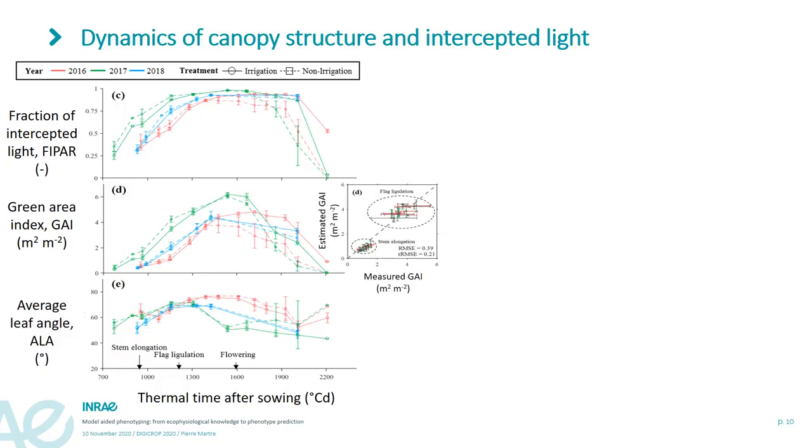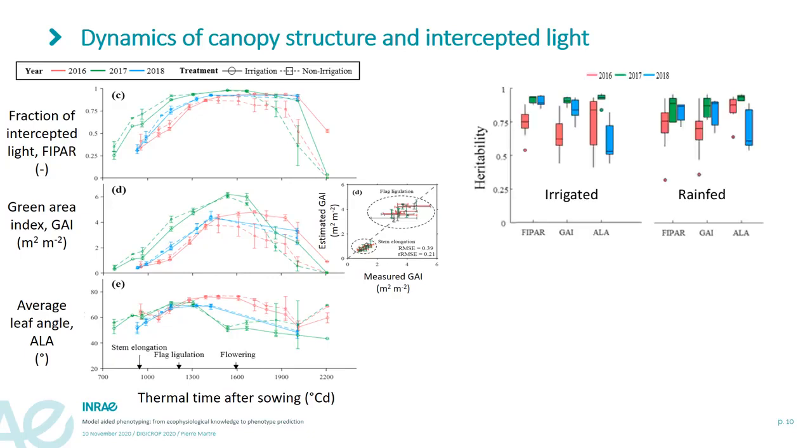And the green area index during stem elongation and flag leaf ligulation was estimated with a relative error of about 20%, which was lower than the error from measurements from destructive sampling. And under most conditions, the repeatabilities of the retrieved traits were higher than 0.7.